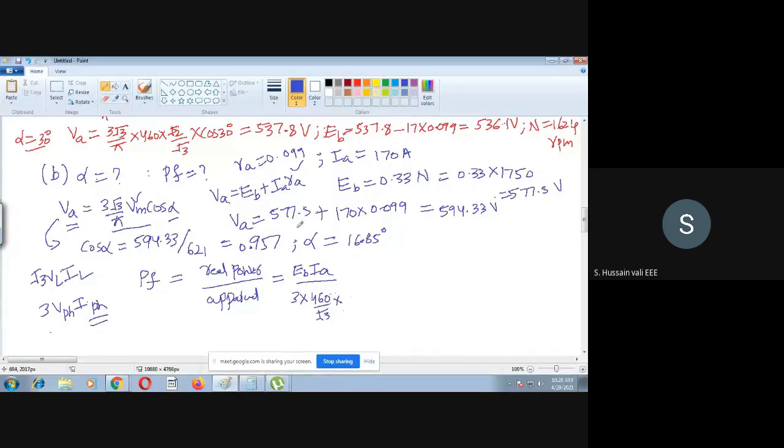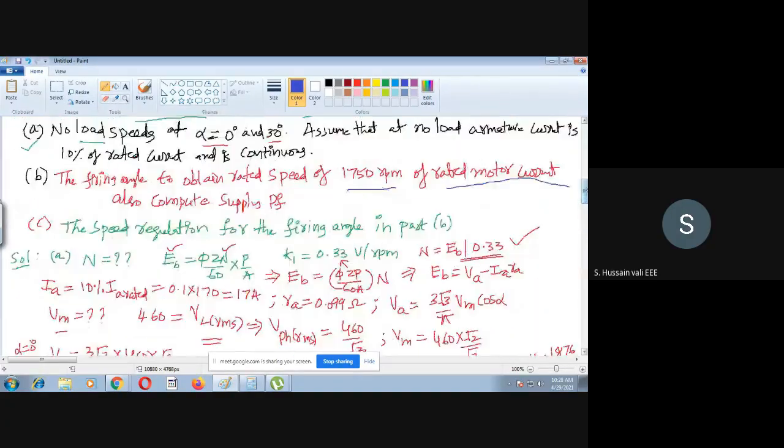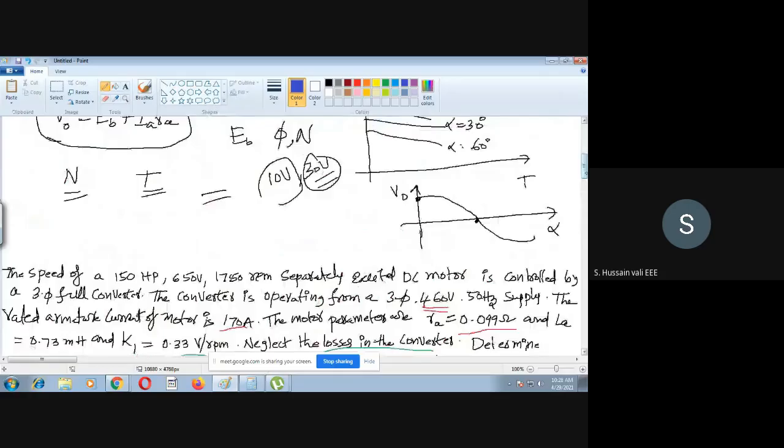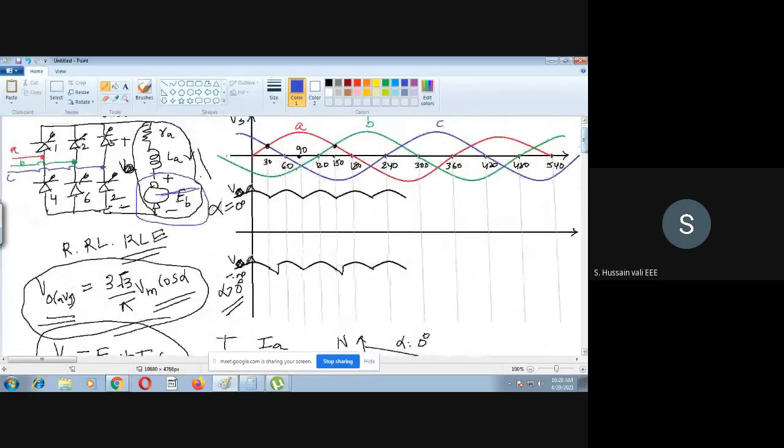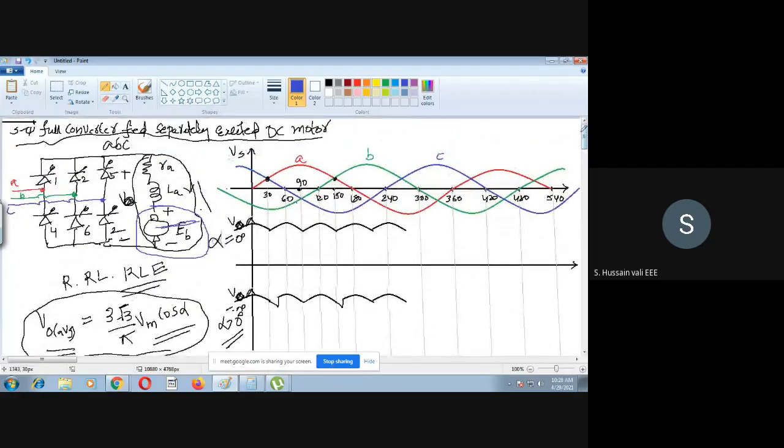Then how to know this? I'll tell you a simple procedure. See, we have found the armature current. If you recall, we found the RMS value of the phase current last class, in the case of single phase. Now it is the case of three phase. So how do we find it?